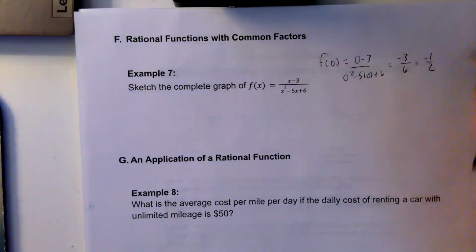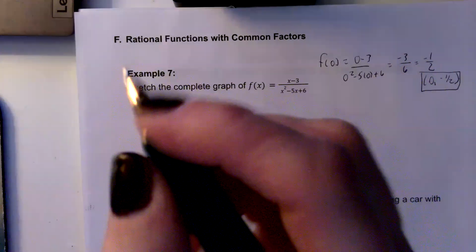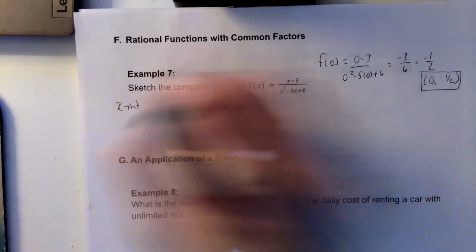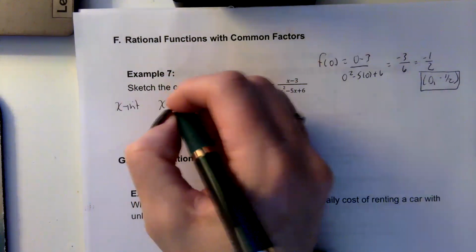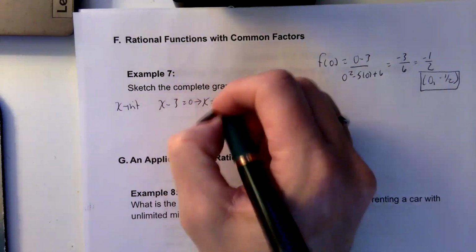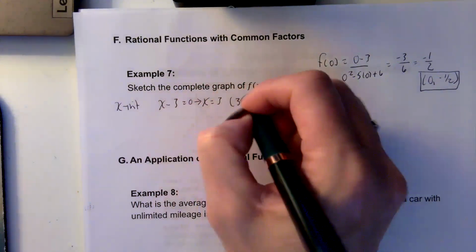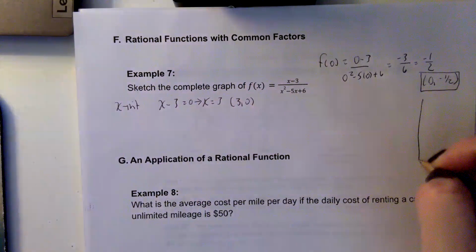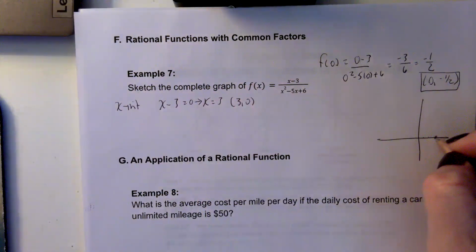So that's the point 0, -1/2. Then my x-intercept comes from my numerator. x minus 3 equal to 0 is x equal to 3. So 3 comma 0.